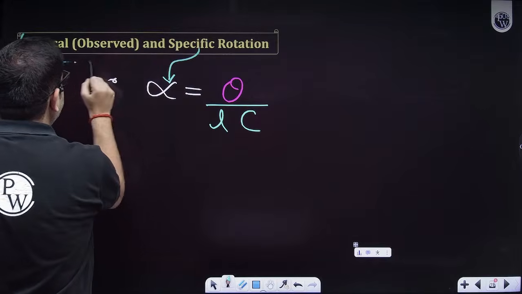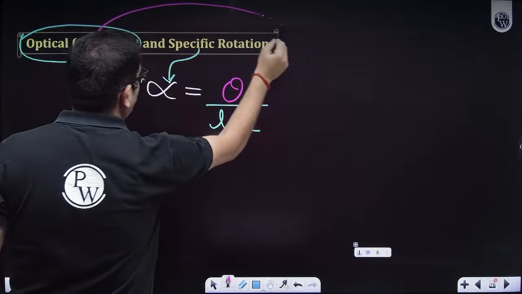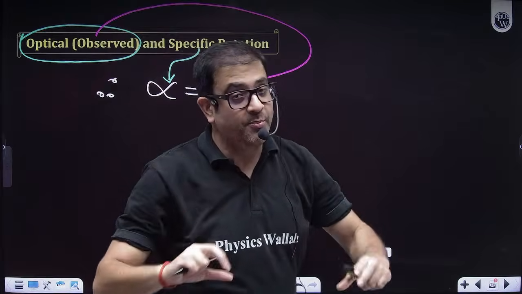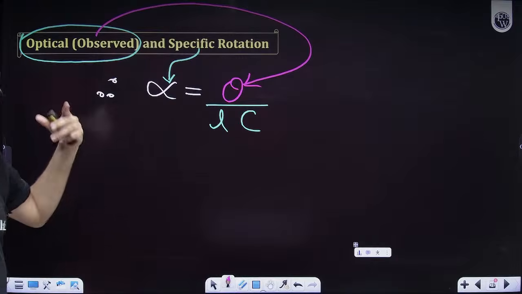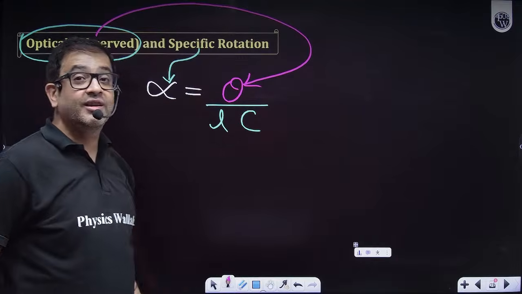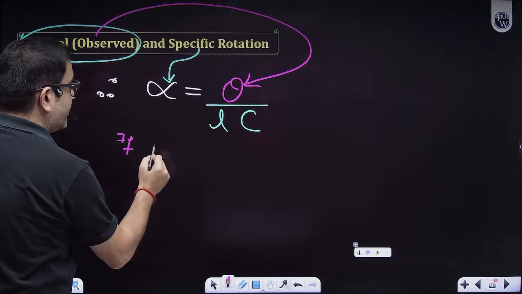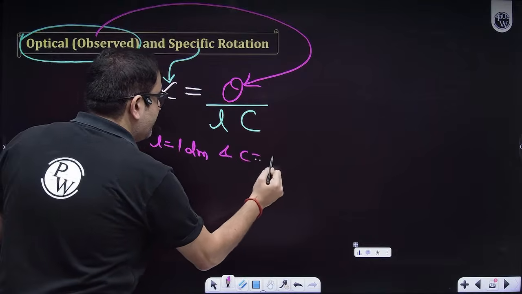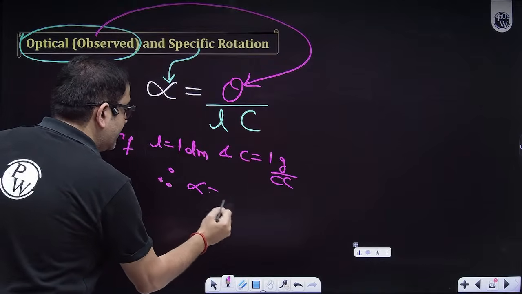This theta is termed as optical or observed rotation. So this theta you actually see in your polarimeter, which is the observed value. Observed value is also called optical rotation. But alpha is a proportionality constant, which is called the specific rotation. How do you define specific rotation? If L is 1 decimeter and C is 1 gram per cc, then alpha is nothing but theta.